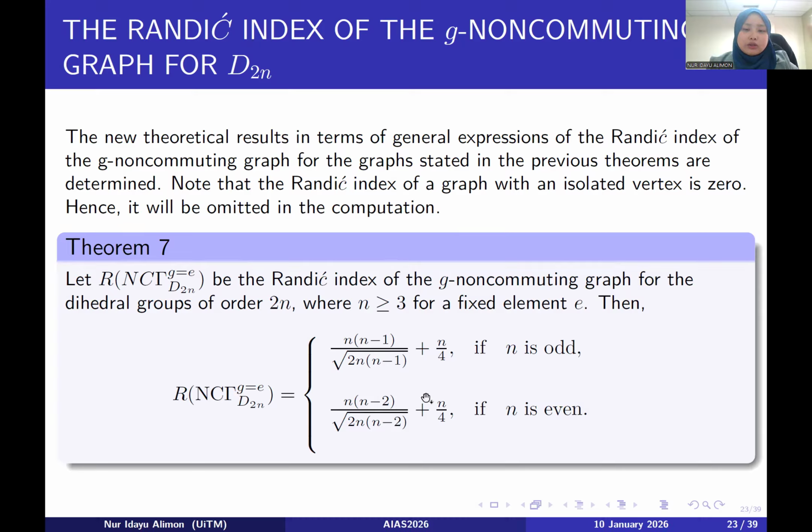So it is also divided into two, n is odd and also n is even. If you have, let's say, D6, and then n equals 3, just substitute into this formula, and you can already get the value of the Randic index.